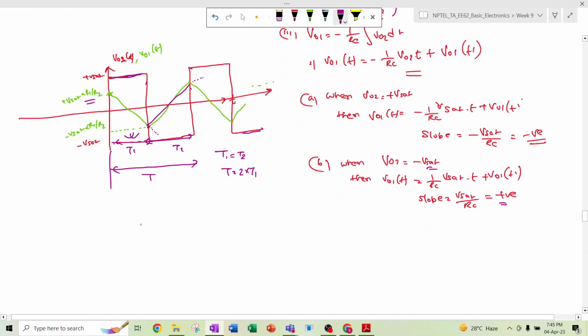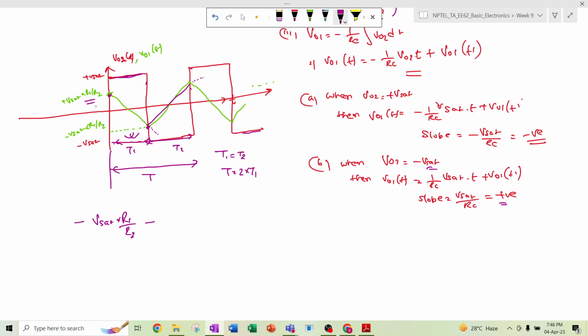Okay, so what is the value of T1? We can say from here that this is changing from this to this, so this is the final value, minus Vsat into R1 by R2, minus of this thing, right?